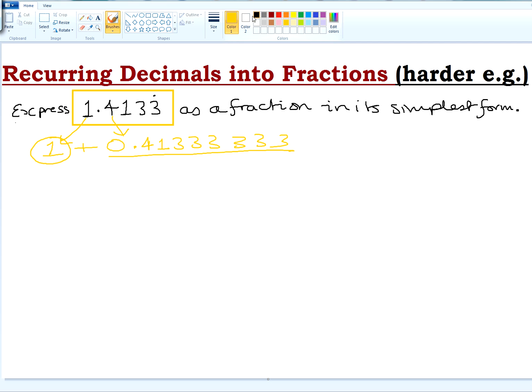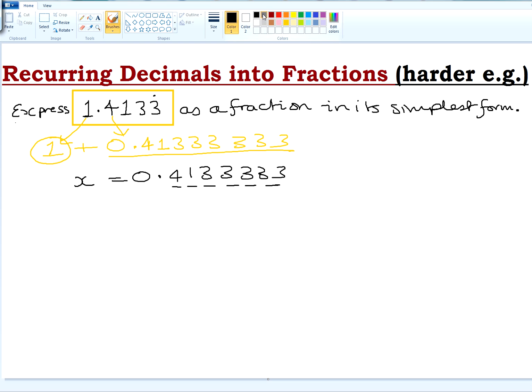As we said before, let x equal 0.4133333 recurring, going forever. Now we need to find a way to get these digits to line up with the digits underneath, so that when we take them away, we eliminate them.